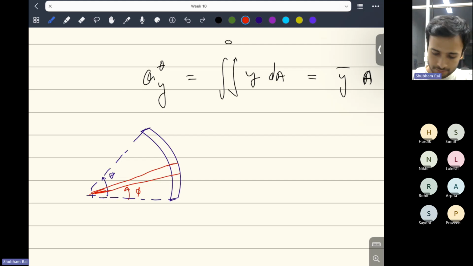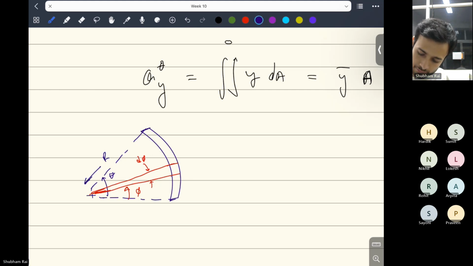So let me just mention here that it is d phi. Okay, and so this will be the radius of the annular disk.